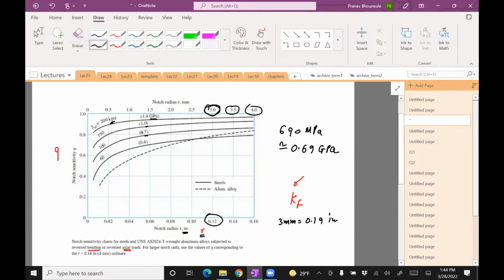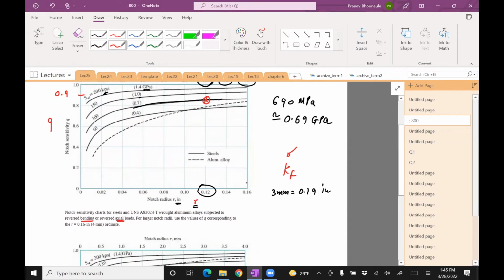So 0.7 is right here, and so it's just this point. This is fairly straightforward. It's somewhere between 0.8 and 0.9 looks like. So let's just assume it's 0.85 for Q.